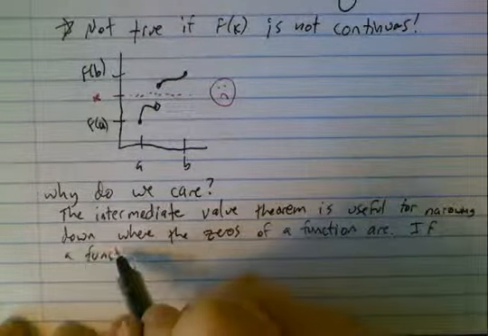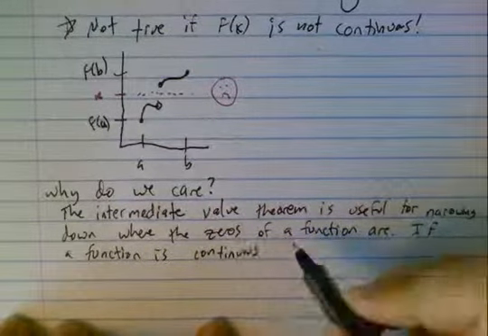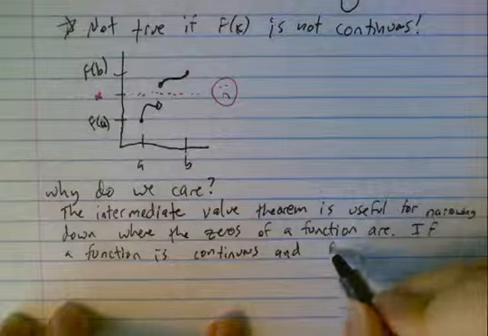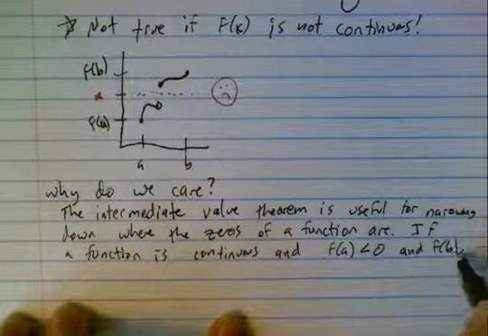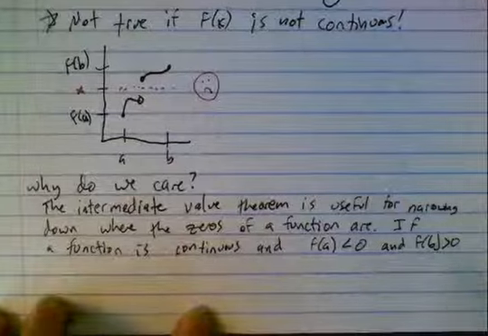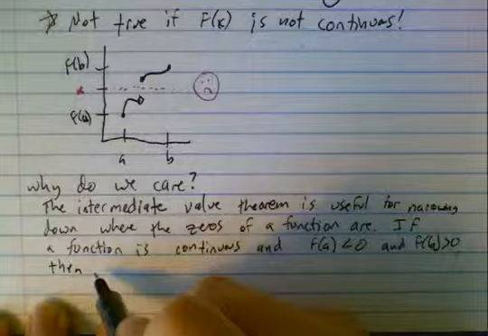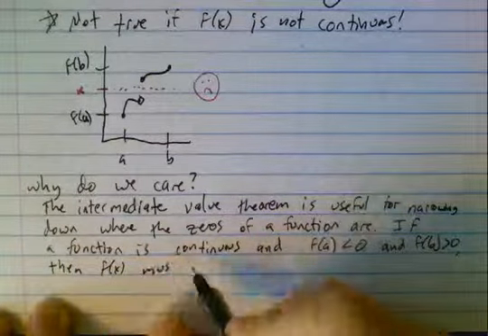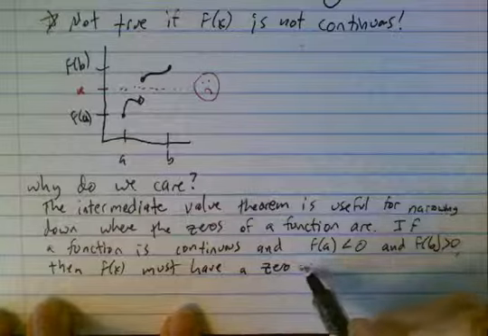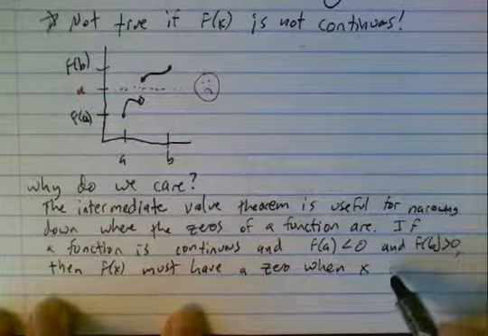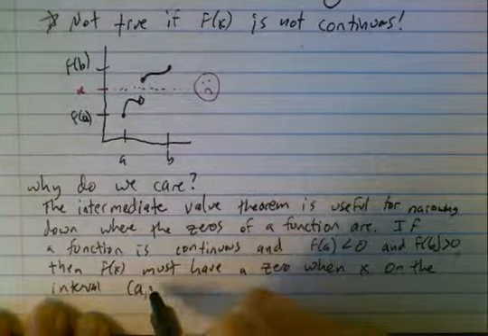If a function is continuous, and f of a is less than 0, and f of b is greater than 0, or vice versa, then f of x must have a 0 for some x on the interval a comma b.